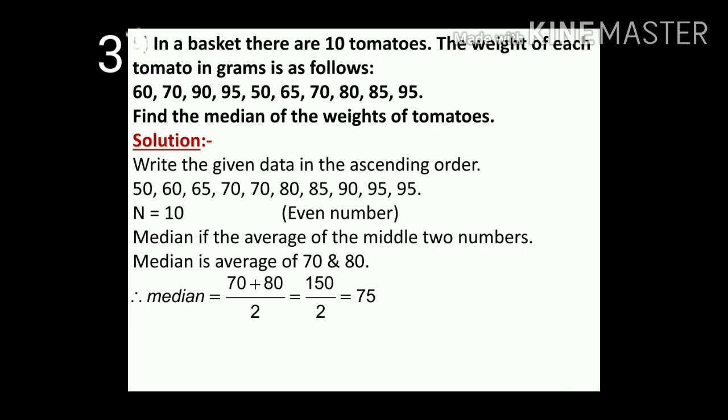Okay children, this way we have to find the median weight of tomatoes. Whenever the number of data is even, then we have to find the average of the middle two numbers. The final statement, children: the median weight of the tomatoes is 75 grams.